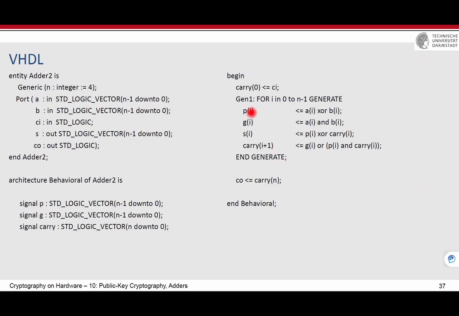P and G are generated, and S is P_i XOR the carry, and the carry is always P_i and the previous carry, ORed with G_i. Of course, this doesn't say that it's definitely optimized, and as I said, when you have n large, this part becomes very slow and large, and this is the job of the synthesizer, how to build this.